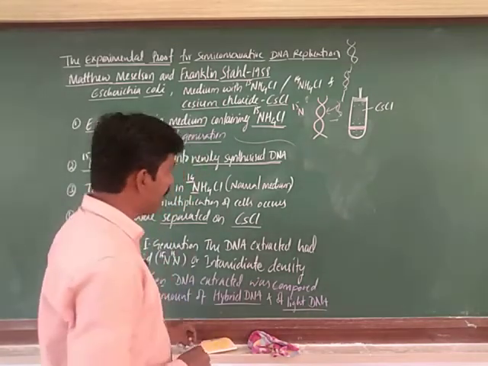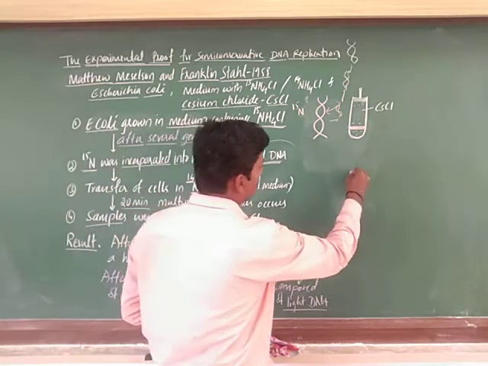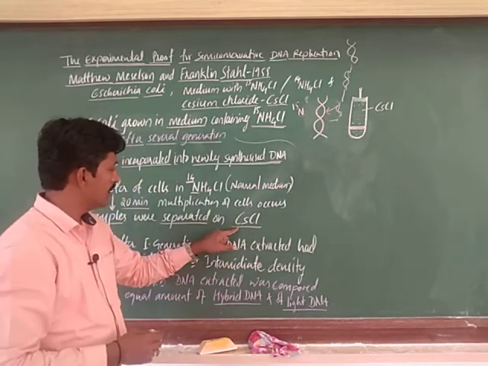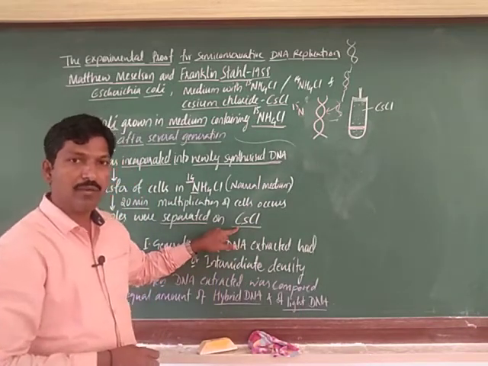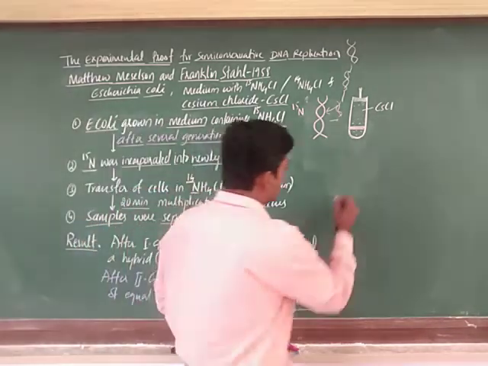So, here what happens is the samples were separated on the cesium chloride with the help of centrifugation. Again here they did the centrifugation.